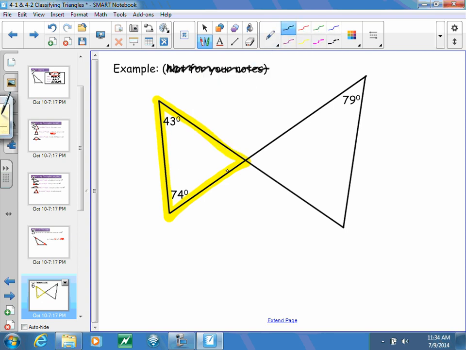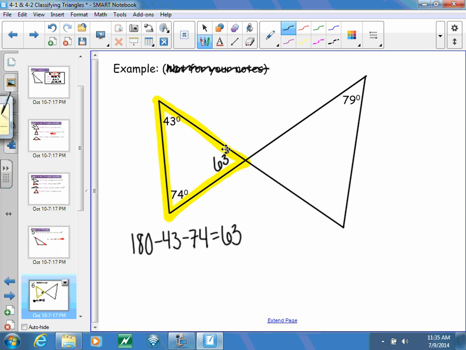Well, if all three of them add up to 180 degrees, if I take 180 degrees and subtract 43 degrees and then subtract 74 degrees, that's going to give me whatever my sum is. So 180 minus 43 minus 74, we end up with 63 degrees. So this angle right here would need to equal 63 degrees.